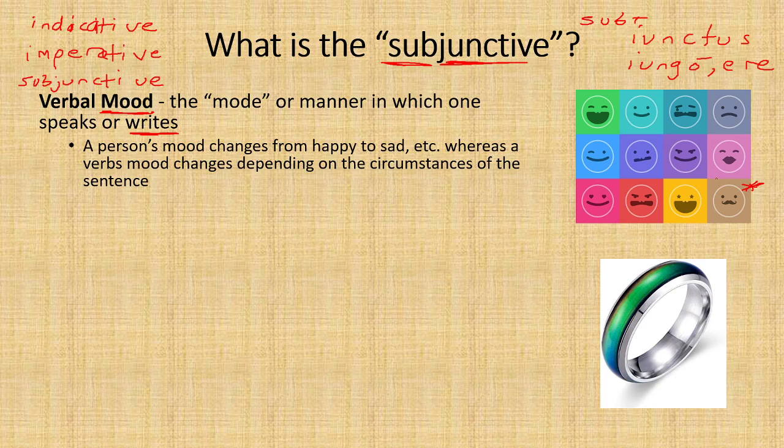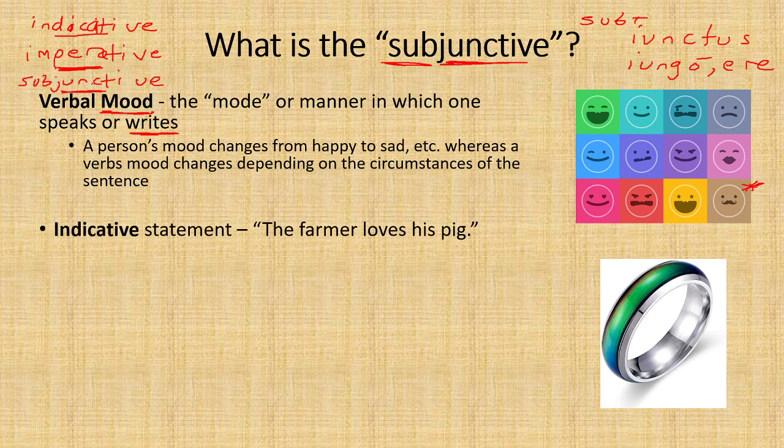When we talk about humans' mood, we talk about sad or happy. But when we talk about verbal mood, we talk about how exactly that verb is, what exactly it's doing. Is it stating something as a fact? Is it giving a command? Or is it doing something else? And that is where the subjunctive mood comes in.